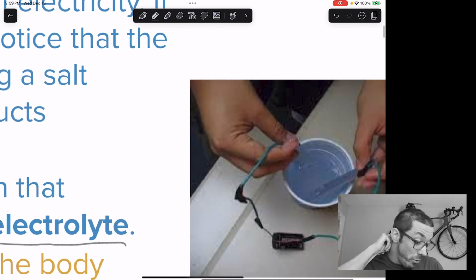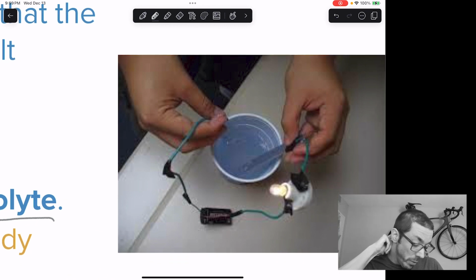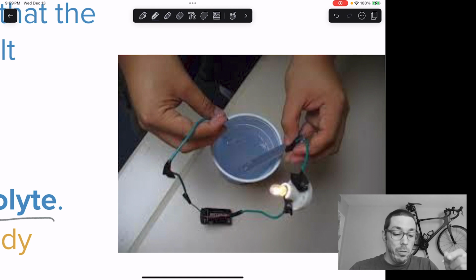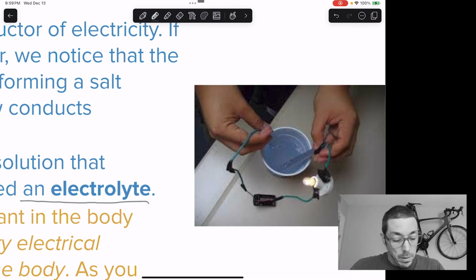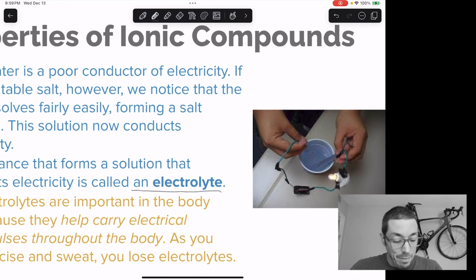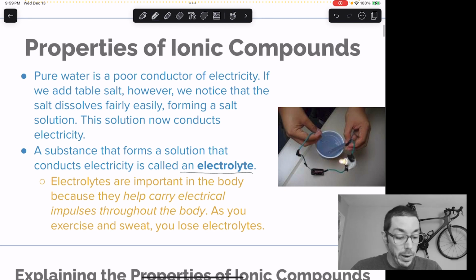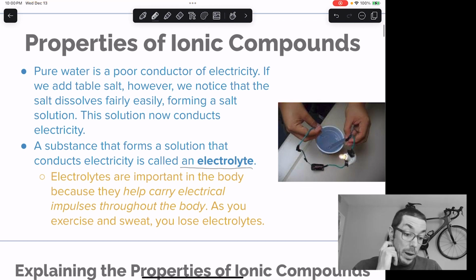If you connect electrodes with a battery source and a light bulb, that water is able to conduct electricity from one electrode to the other and complete the circuit, which allows the light to light up. And if you were to just put that in pure water, you wouldn't really get the light bulb lighting up because it doesn't conduct charge the same way as having the sodium and the chlorine ions moving around in the water.